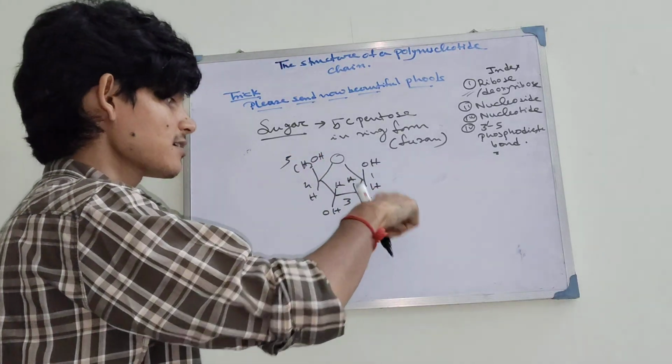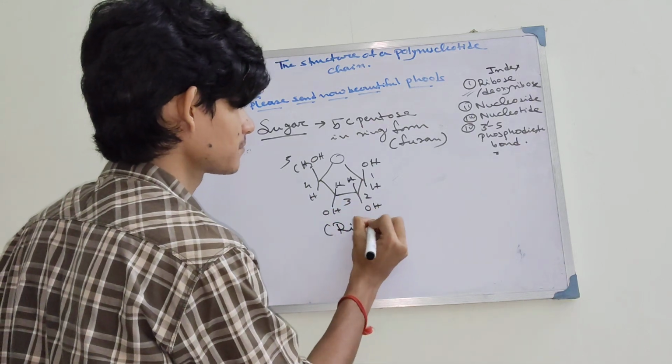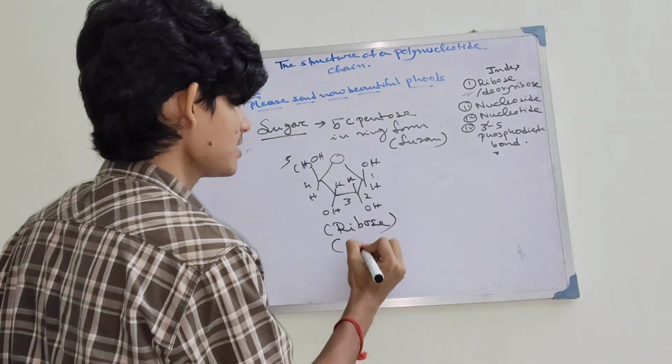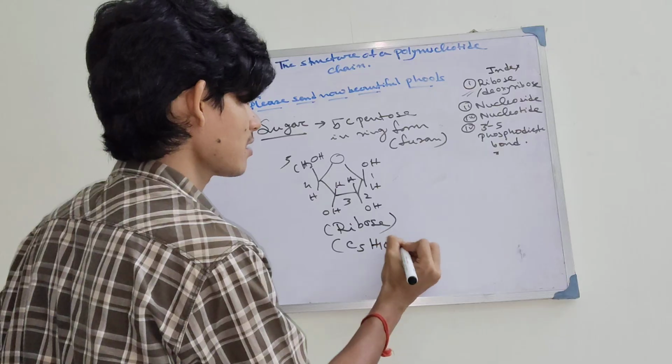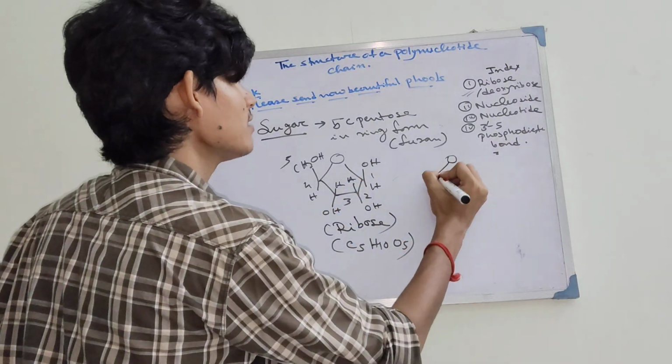One carbon, second carbon, third carbon, fourth carbon, fifth carbon. So this is ribose sugar. The formula is C5H10O5.